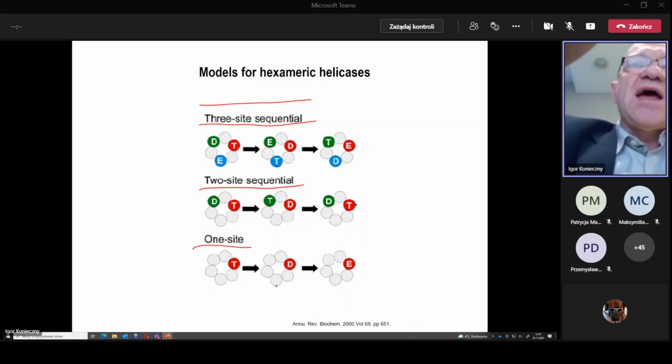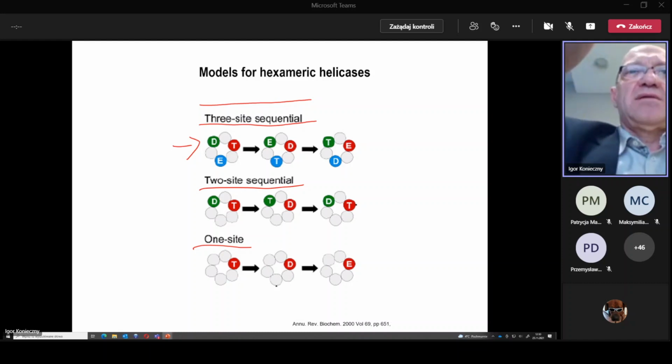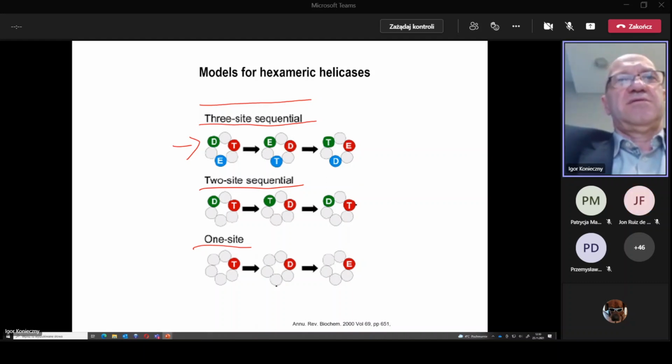Let's look at this position. The green subunit is bound by ADP. Am I right? I'm confused myself.